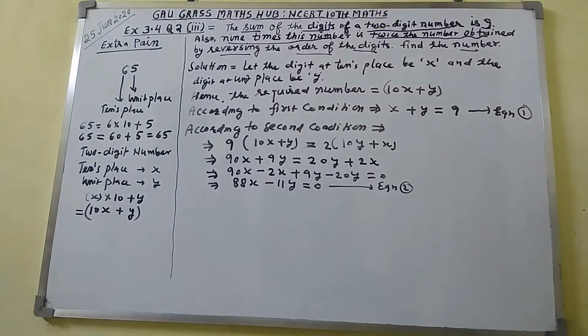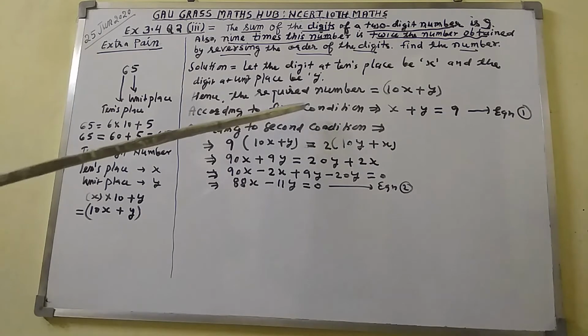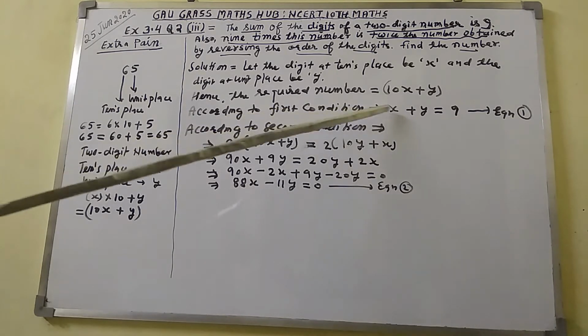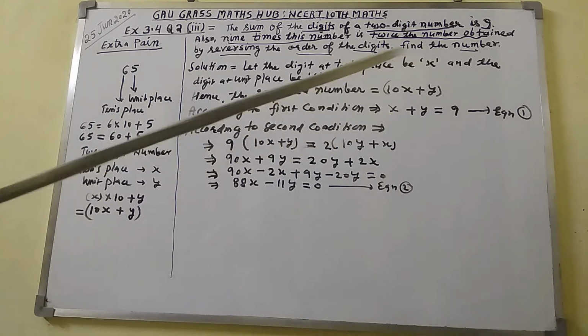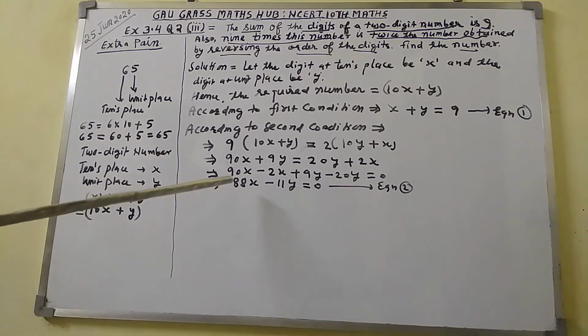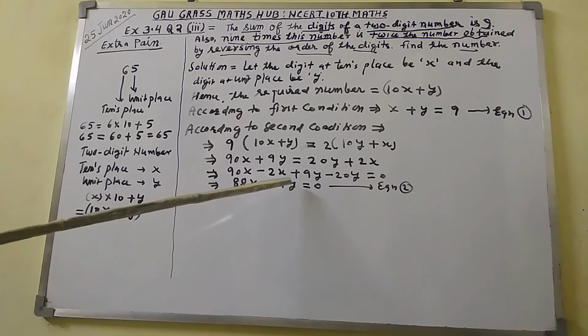Now I have framed here two equations. As per first condition, equation is x plus y equal to 9. And second equation I have framed according to second condition, 88x minus 11y equal to 0.